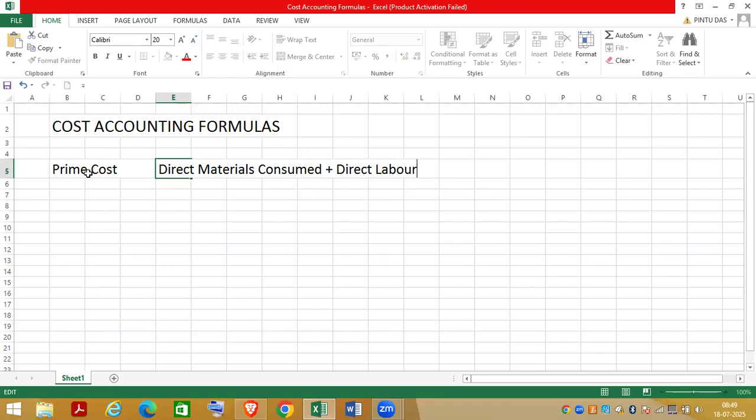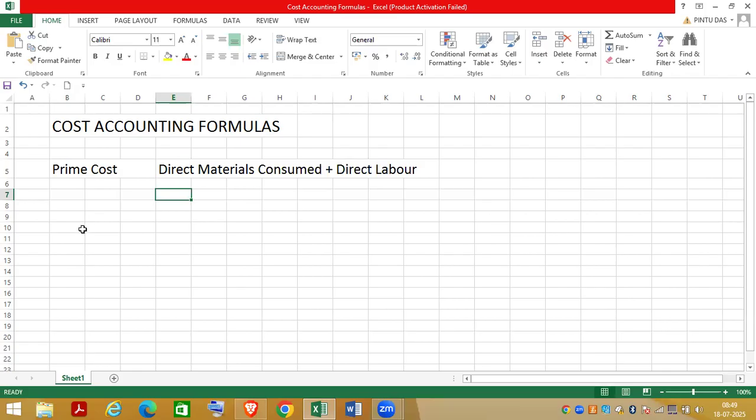So the first cost for cost accounting is direct material consumed, what raw materials you are consuming for a particular production of any material, finished goods, and the labor that is being used. So that is the prime cost.